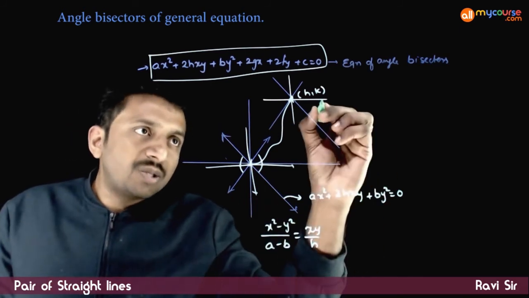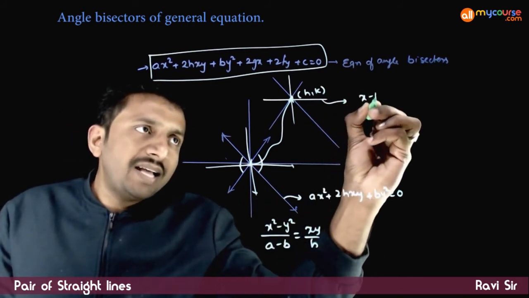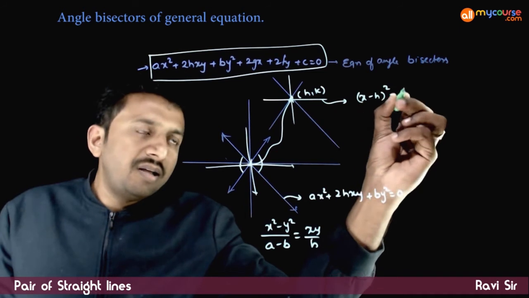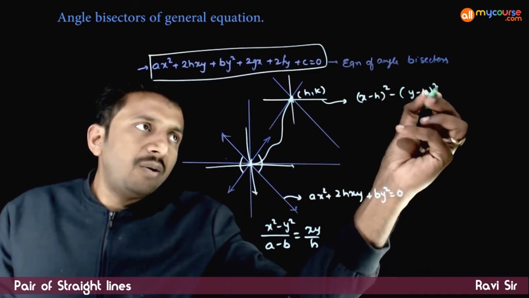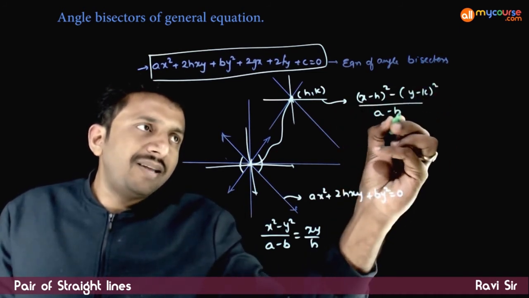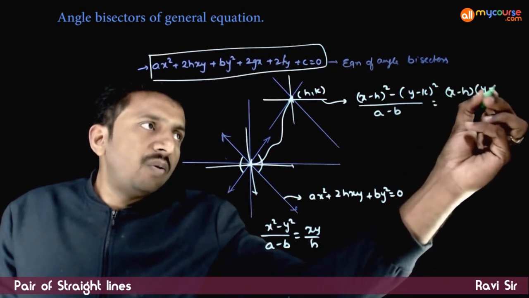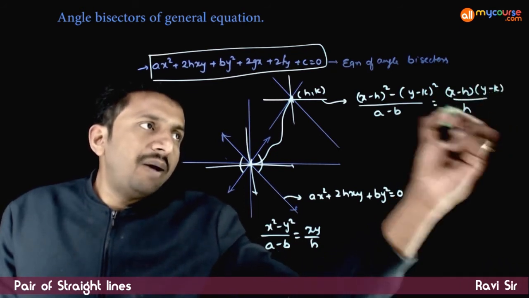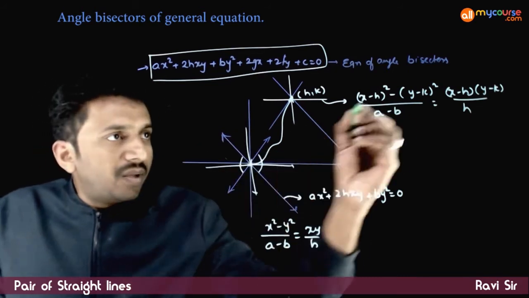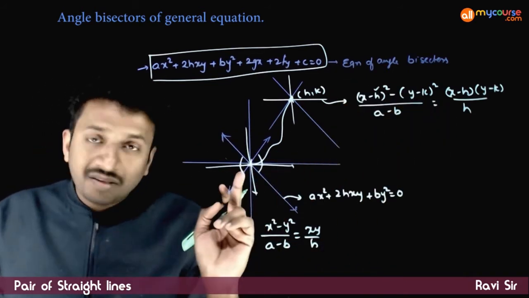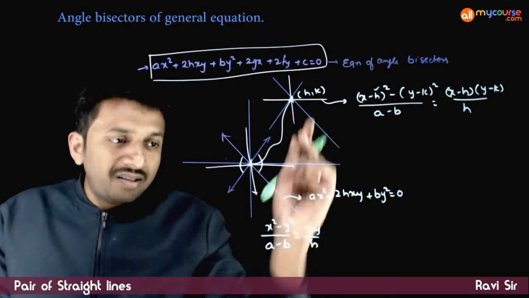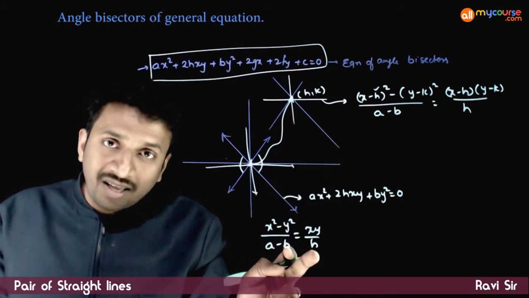So the corresponding equation is nothing but x minus h whole square minus y minus k whole square by a minus b is equal to x minus h times y minus k by h, where we already have an h here.